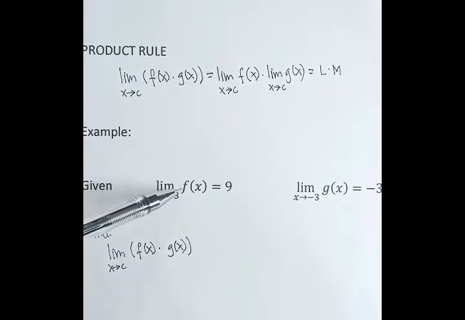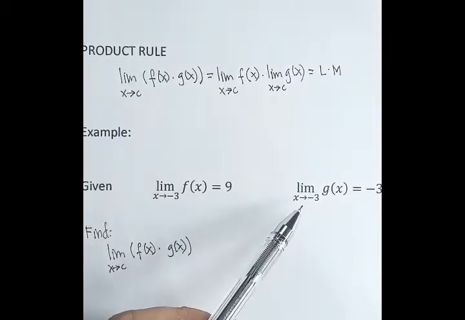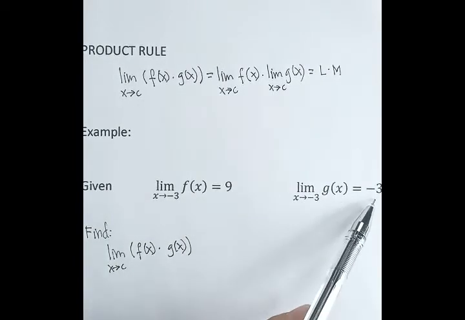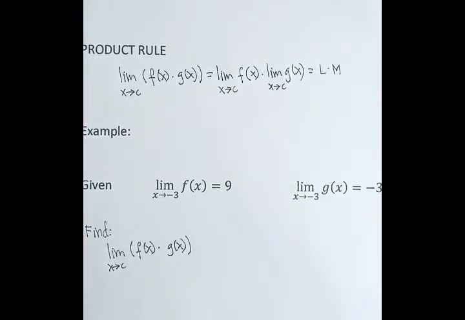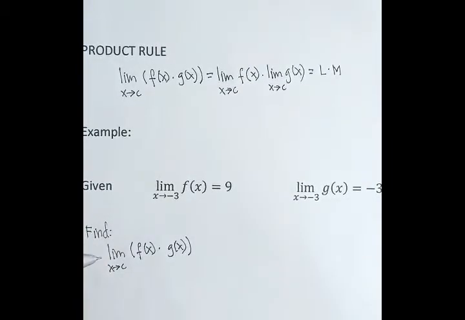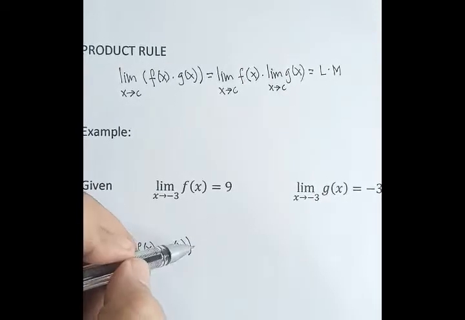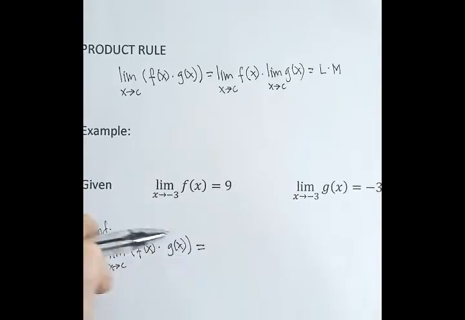The limit of the function of x as x approaches negative 3 is 9. Then the limit of g of x as x approaches negative 3 is negative 3. If we're asked to find the product, we'll just multiply 9 times negative 3.